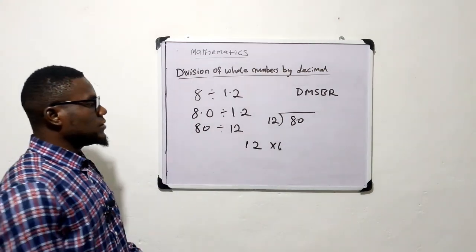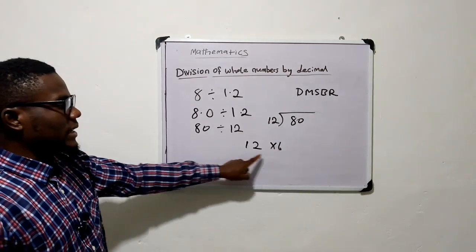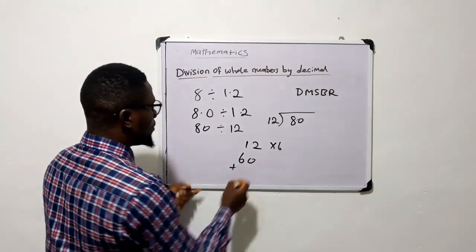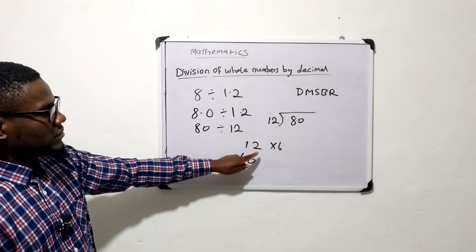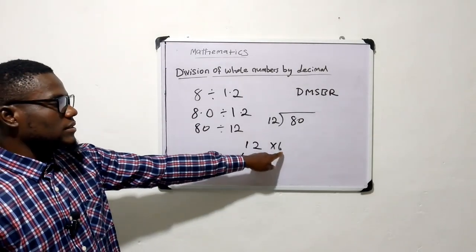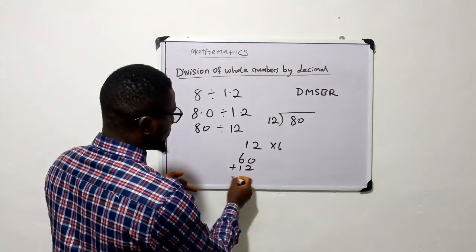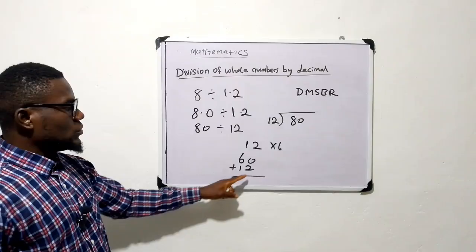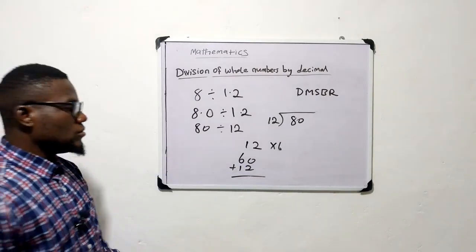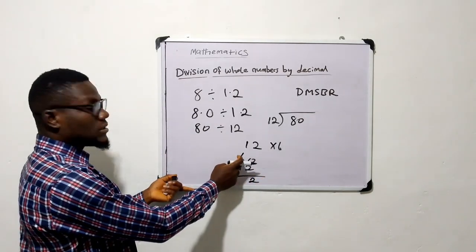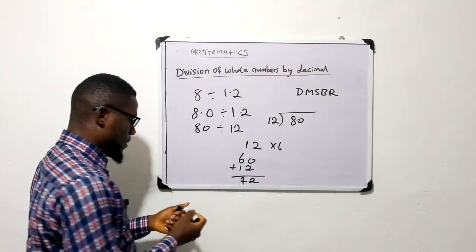So we have to multiply this 10 by 6, that is, you have 60, plus then, when you multiply 2 by 6, we have 12. When you add 0 plus 2, you have 2. You add 6 plus 1, you have 7.